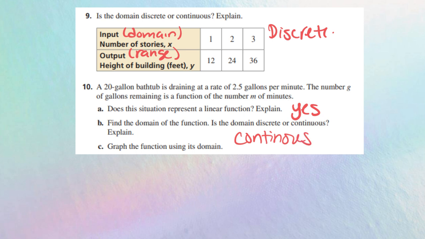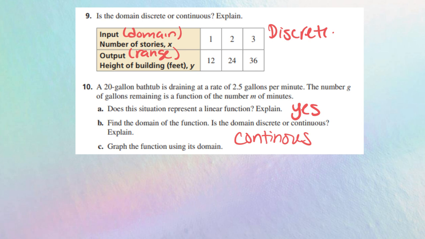Because it's going to get to a point of what? This is 20 gallons, correct? What is happening to the water? Is it draining continuously, right? So what will be the domain of the function here?